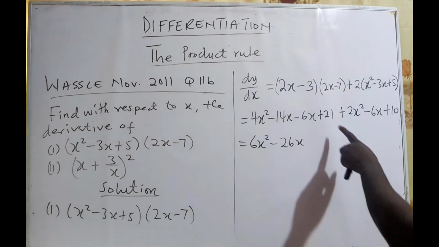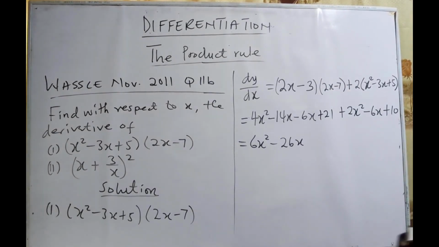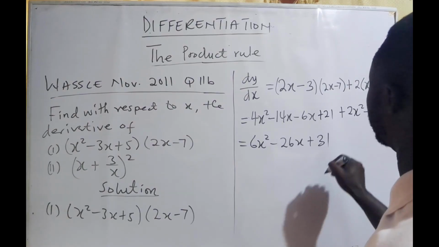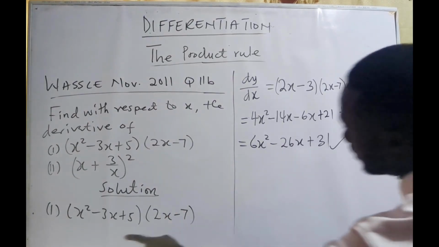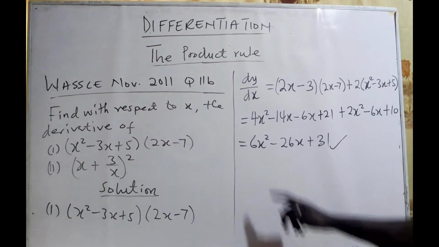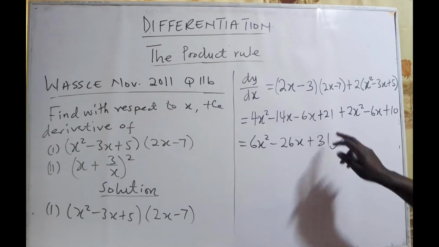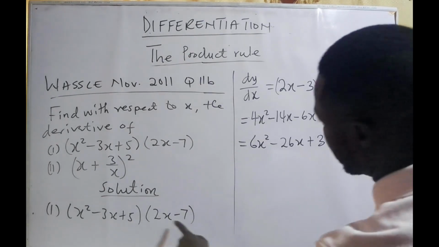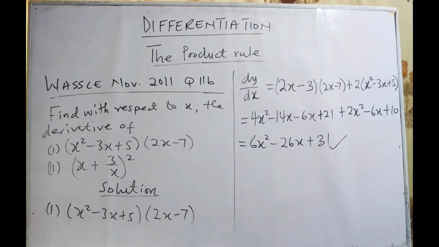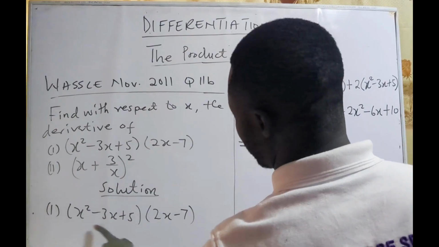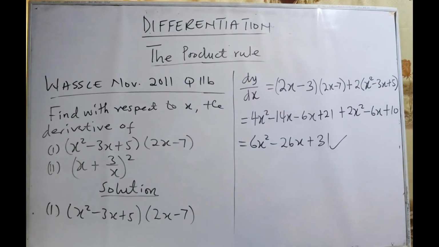Then I have 21 plus 10, that will give me 31. So the differentiation of these two functions here will give us 6s squared minus 26s plus 31. That's the differentiation of these two functions. If you like, you can decide to expand first, and when you expand, you get the same answer.